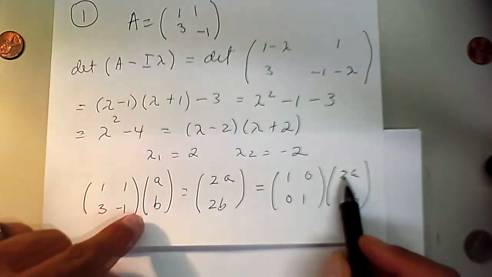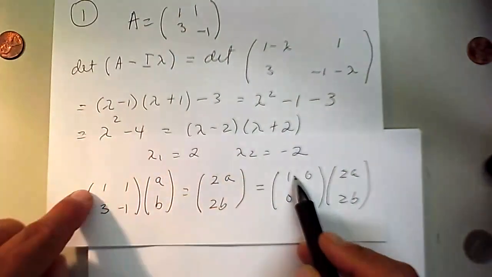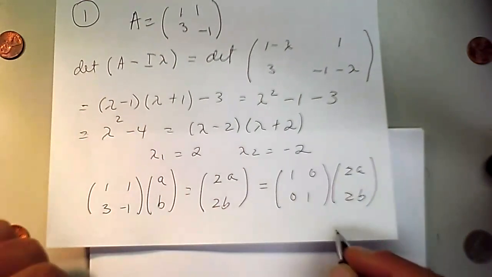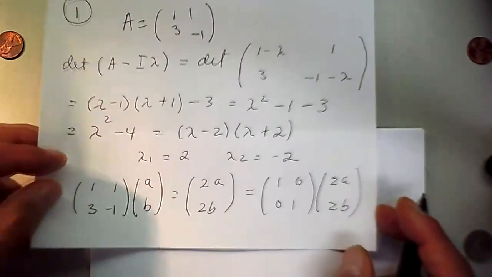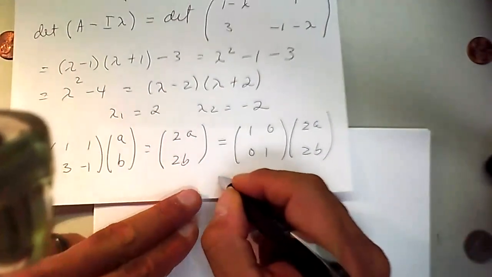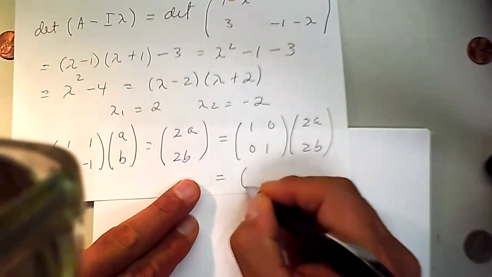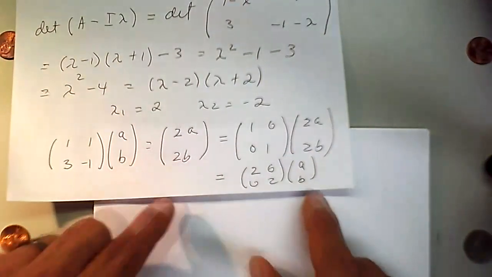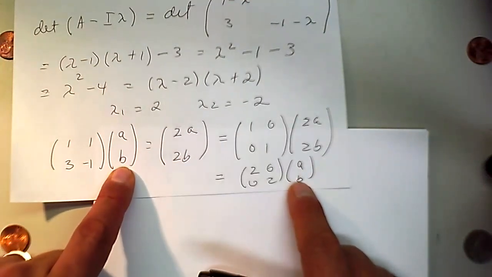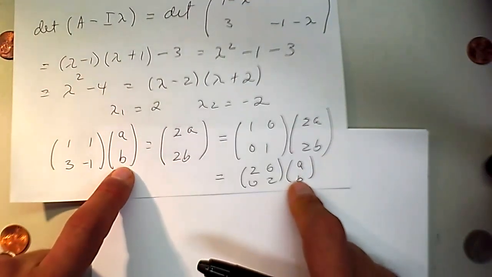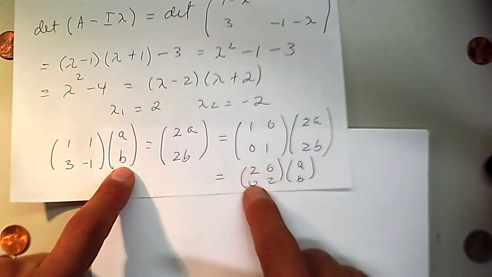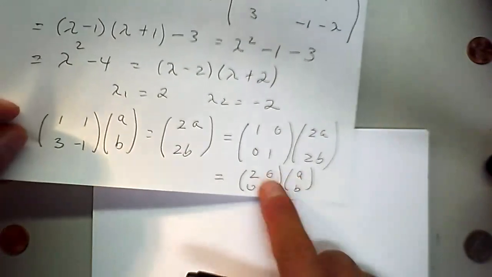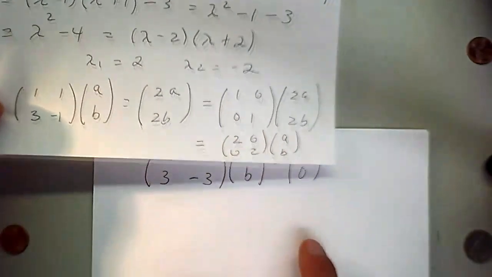So we're subtracting the 2A from this element. Actually, let me elaborate a little more. This is equal to 2, 0, 0, 2, that's better, times A, B. So we want to match the A and B. There we go. So when we subtract on both sides of the equation the 2, 0, 0, 2, that's how we end up with this matrix, and we end up with 0, 0 on this side. So this is the algebra that is going on.